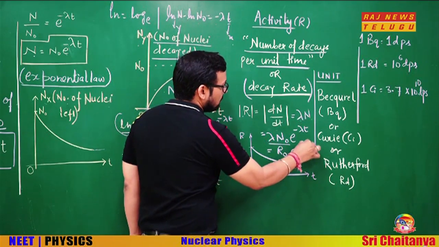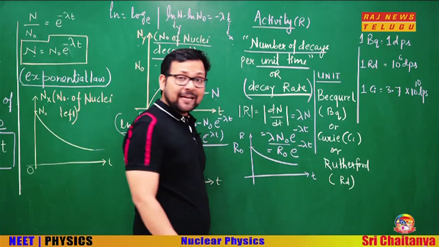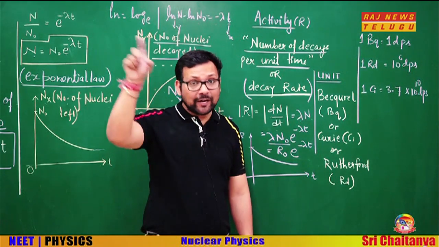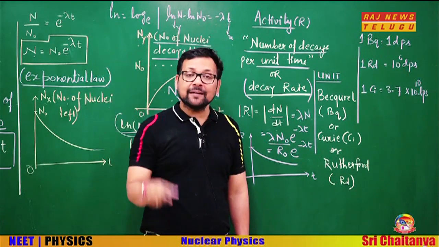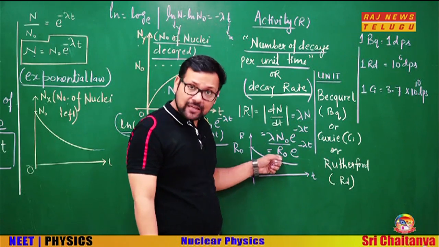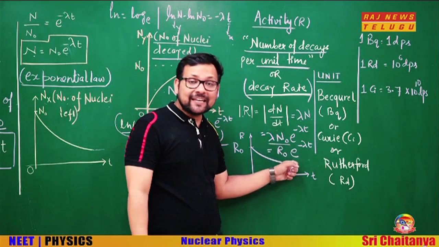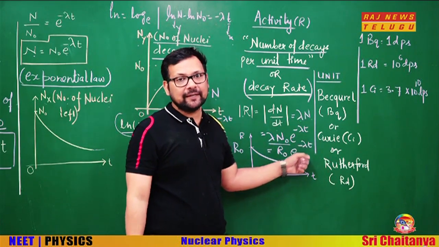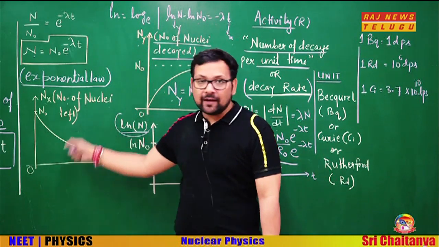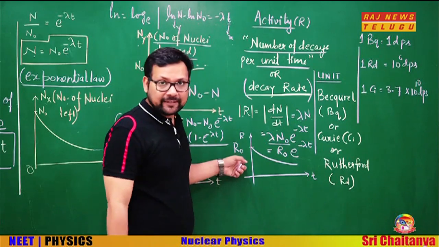So the activity has a similar formula: N equals N naught e raised to power minus lambda t, and R, the activity dN by dt, is also R naught, the initial activity lambda N naught, e raised to power minus lambda t. So the graph will also be similar, for the N graph and for the activity graph.